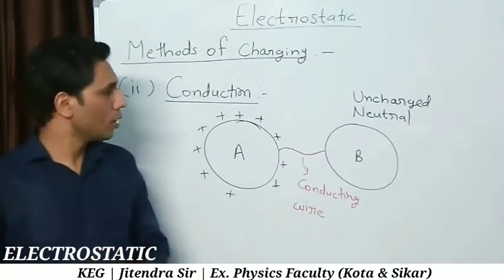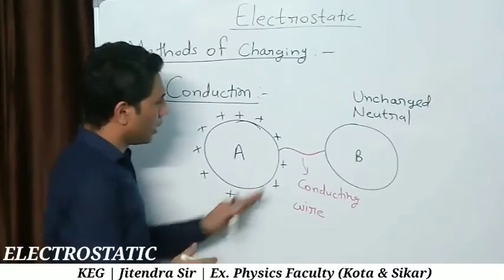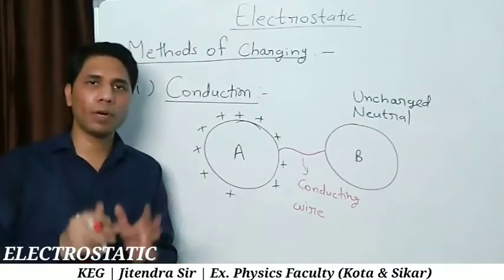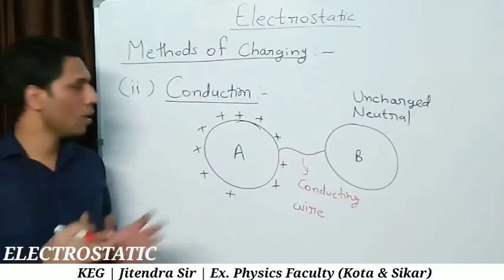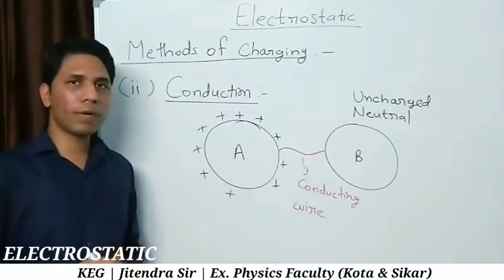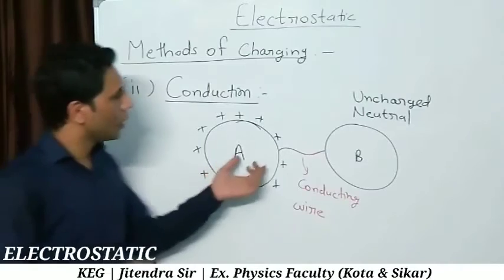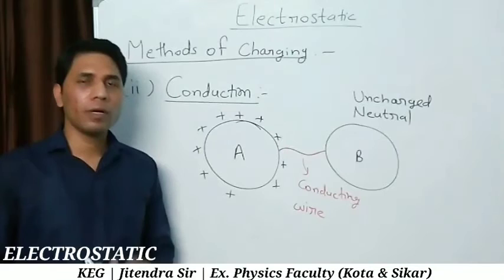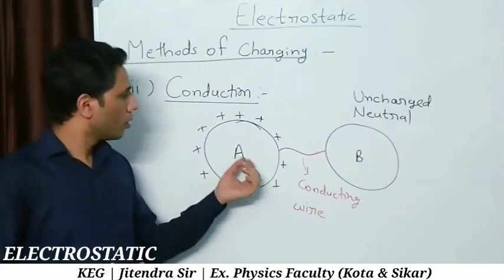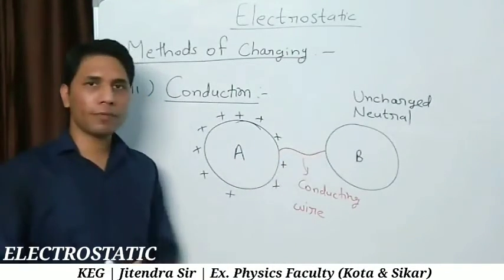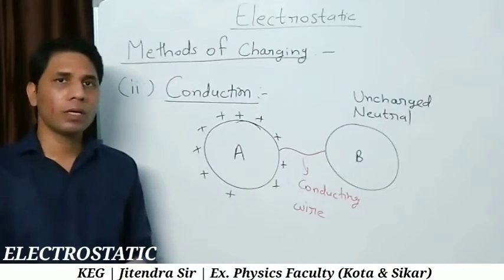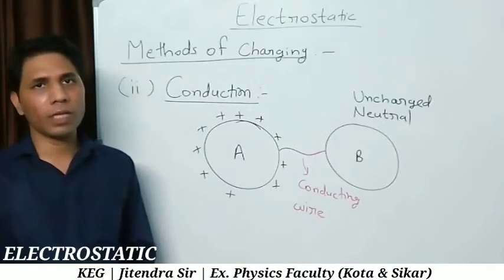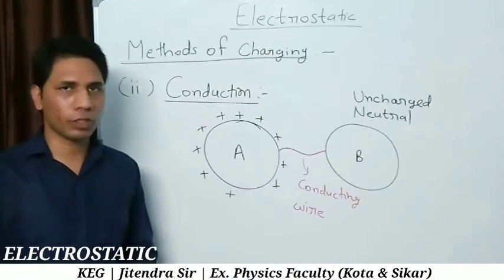So you can understand that for conduction we have to connect both the bodies for charging. Either you can connect by a conducting wire or you may touch them with each other. So there are two possibilities of conduction. First, you connect with a conducting wire, and second, you touch each other physically. These are the two conditions of conduction.